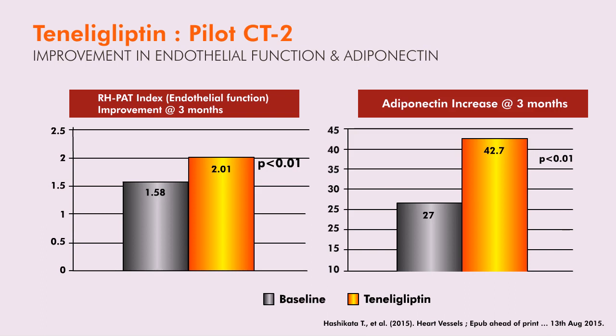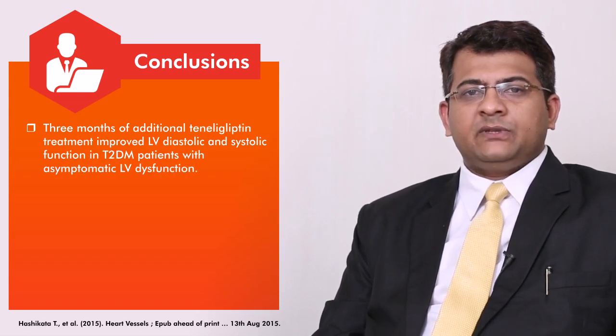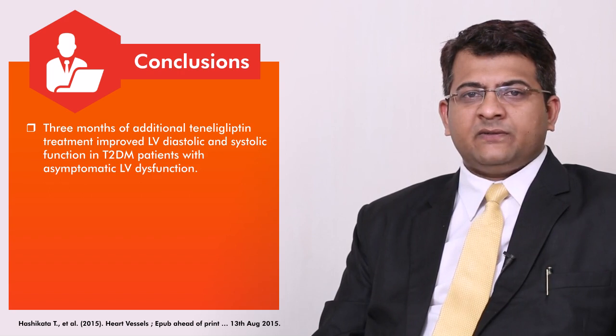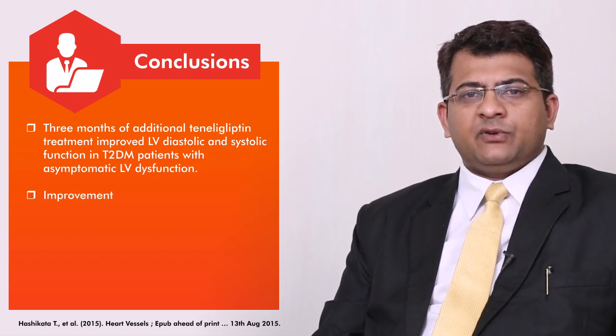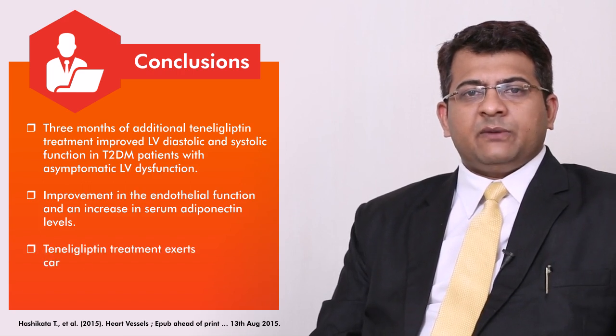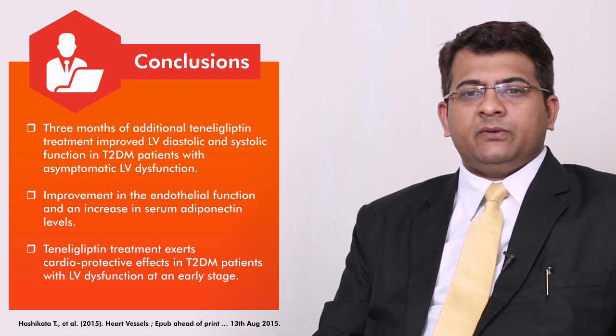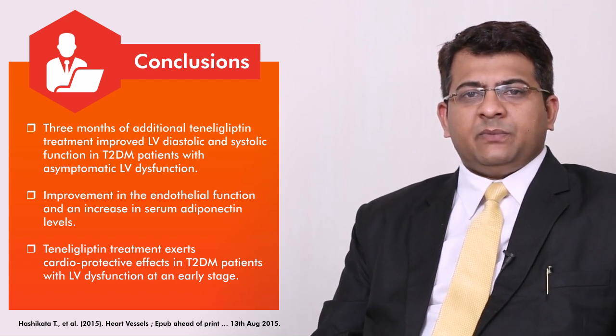So we can say conclusively that even in this small, short 3 months of therapy, teneligliptin improves both systolic and diastolic dysfunction. At the same time, it improves endothelial function and increases adiponectin levels. So teneligliptin may exert cardioprotective benefits in type 2 diabetes patients with asymptomatic diastolic dysfunction.